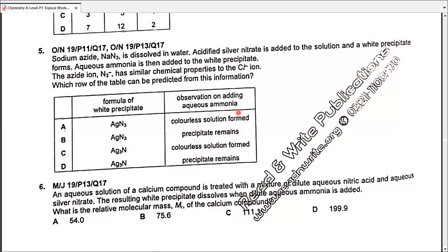So what's the amount of calcium? 40.1. That is right.